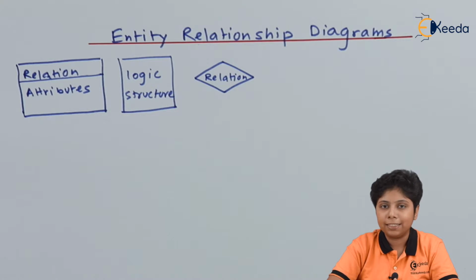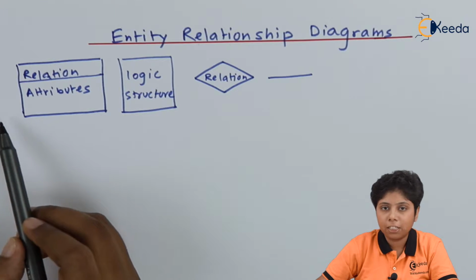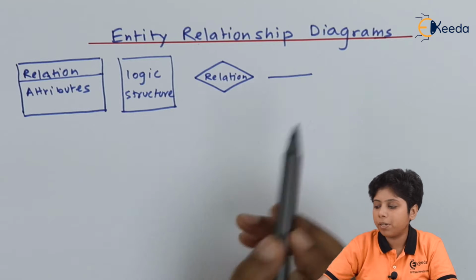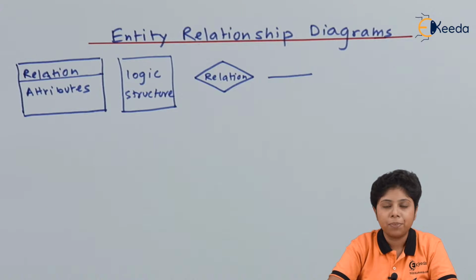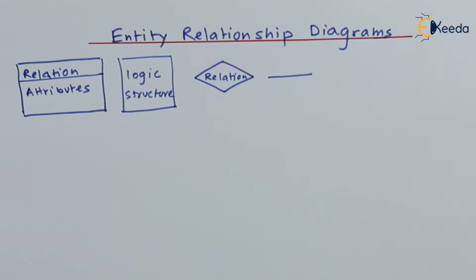Next are the lines. If there is a line from one undivided rectangle or divided rectangle to another one, then we represent it with a line. The line represents that the relation is going from this relation to another relation, so it actually joins two relations in a single diamond, or relationship.